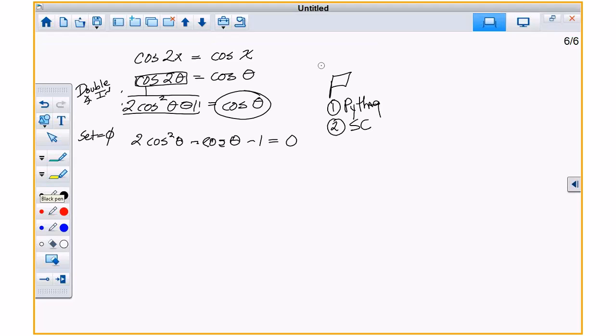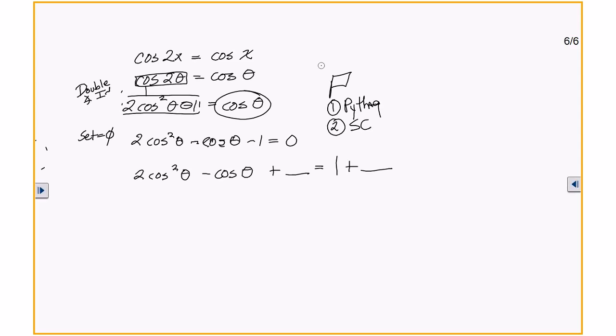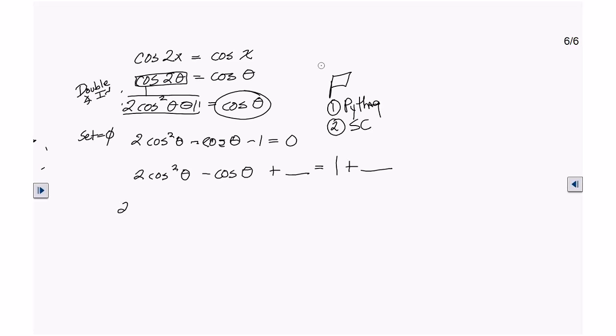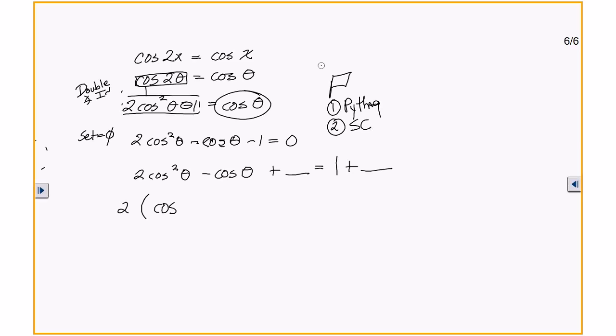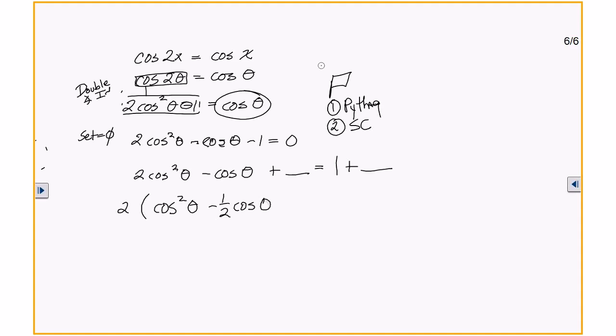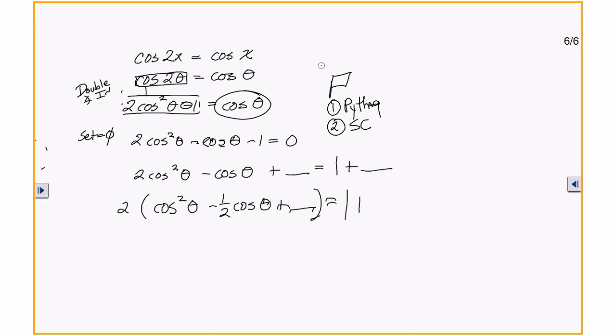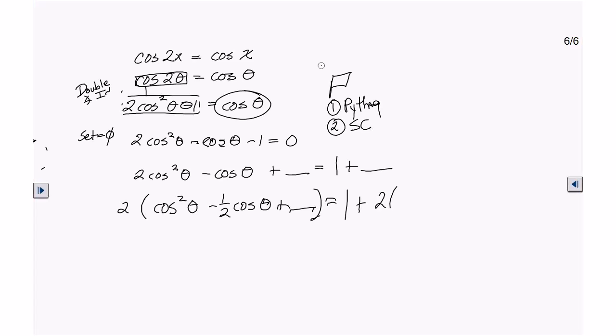So, 2 cosine squared theta minus cosine theta plus blank is equal to 1 plus blank. I've got to factor out the 2 because I can't do completing the square with a equal to 2. So that's going to give me cosine squared theta minus 1/2 cosine theta plus blank is equal to 1 plus 2 times blank.